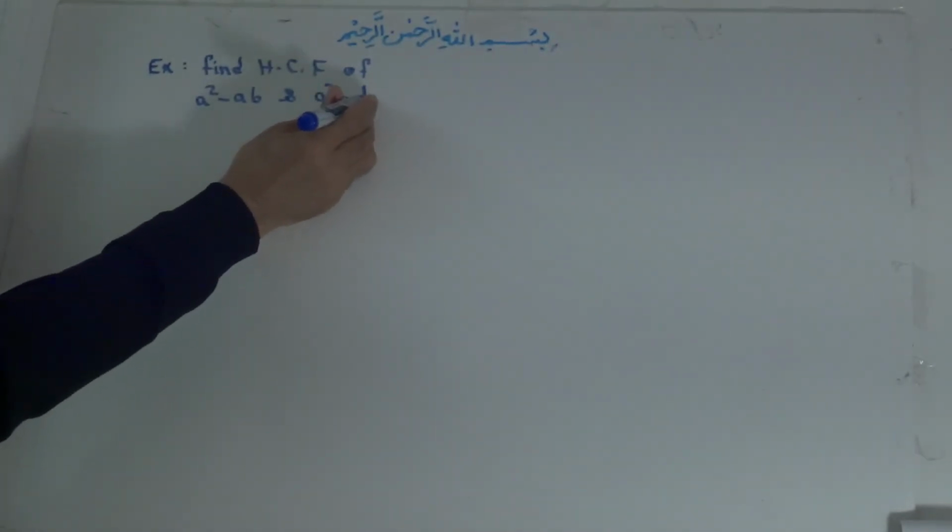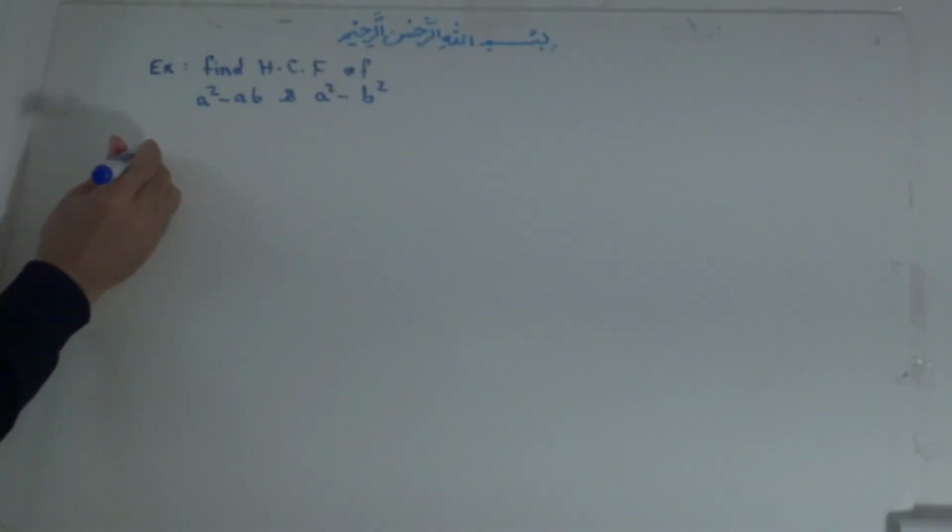Example. Find the HCF or highest common factor of a to the power of 2 minus ab and a to the power of 2 minus b to the power of 2.